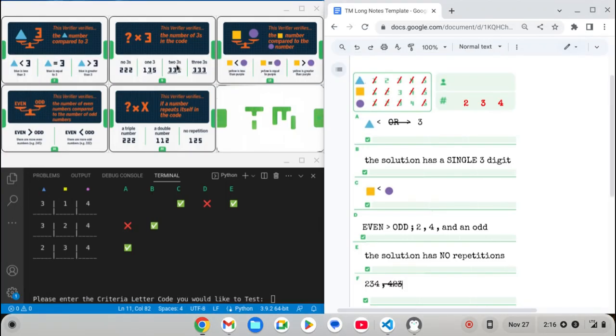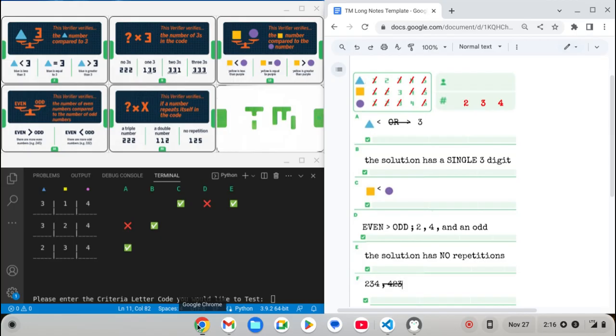It is a 5 criteria card puzzle, but we did 6 tests in 3 rounds. Not the most efficient. So let's see. We did C, D, E in the first round, and then we did the remaining 2, A, B, in the second, and had to retest A.